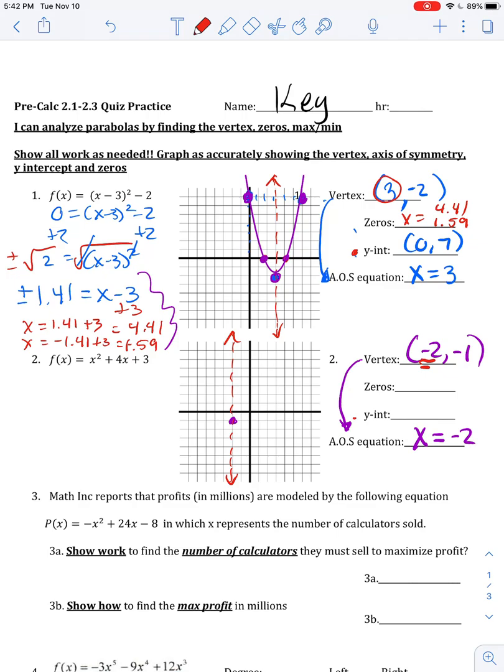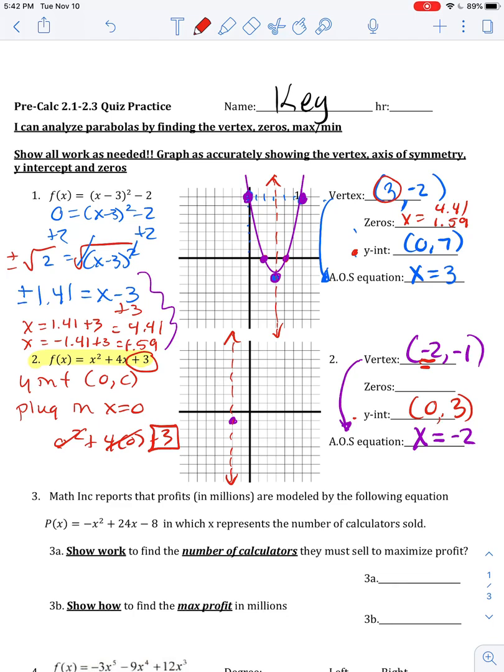Then I'm going to start tackling the y-intercept. That's super easy, because if I look on my chart, it tells me that the y-intercept is nothing more than 0, c. Since this was my c value, that's going to be at 0, 3. And the reason is that I have to do the same thing. I plug in x equals 0 to this equation that I'm working with. If I plugged in a 0, I'd have 0 squared plus 4 times 0 plus 3.